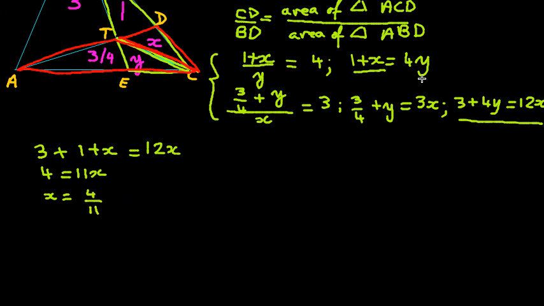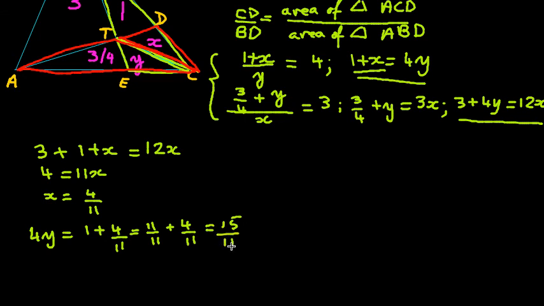From this we can obtain Y using this equation here. We get 4Y equals 1 plus X, which is 1 plus 4 elevenths, which is the same as 11 over 11 plus 4 over 11, which is 15 over 11. So we obtain Y equals, by dividing by 4, 15 over 44.